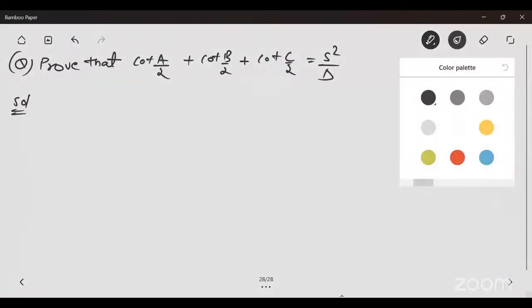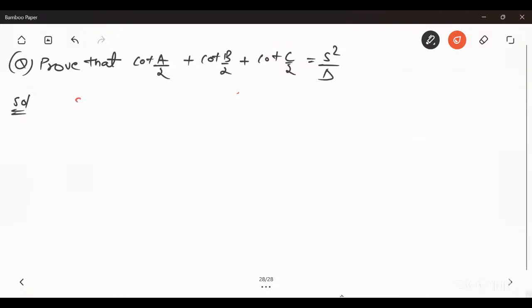The solution of that question is: the value of cot A by 2 is (s minus a) by delta, plus the value of cot B by 2 is (s minus b) upon delta, plus the value of cot C by 2 is (s minus c) upon delta.